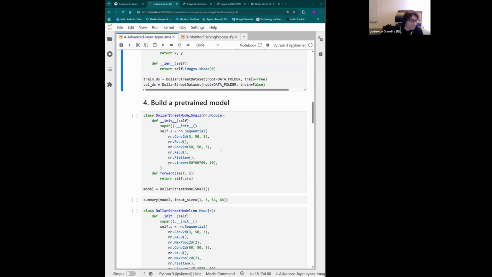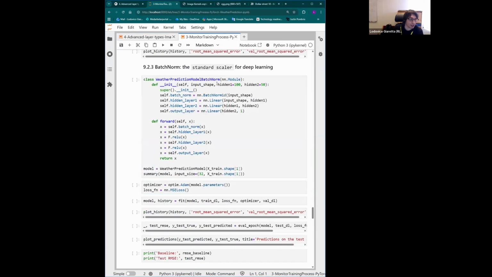So this is our model class. And one difference compared to yesterday is that we are now using this sequential style to define models. If you remember yesterday, for example, we had layer definitions, and then in the forward step, we were calling them one by one.